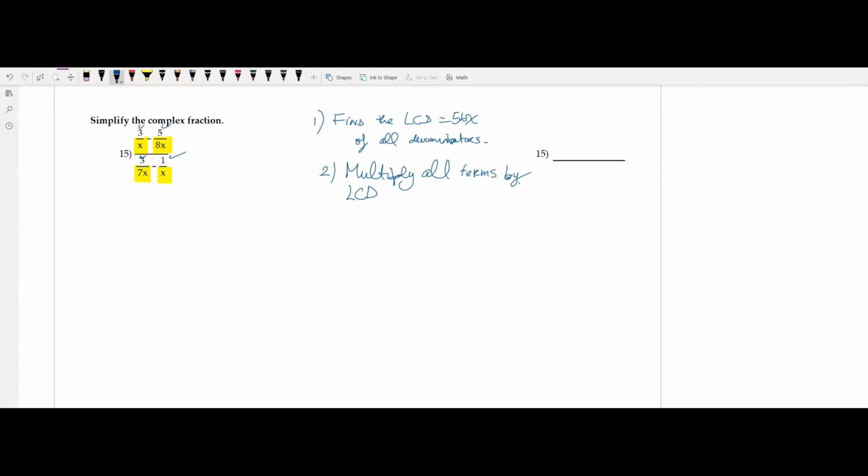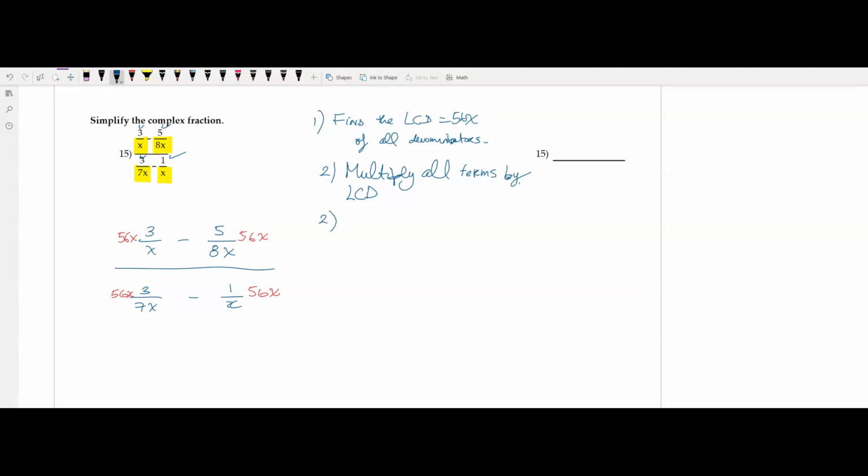Okay, so let me rewrite this. So I'm just rewriting it here so it's a little bit clearer. 3 over 7x minus 1 over x. All right, so multiply all the terms by the LCD. So that means you have 56x here, 56x, and 56x, and 56x. Beautiful.